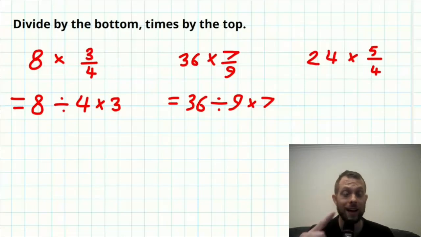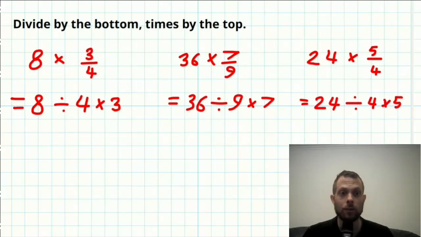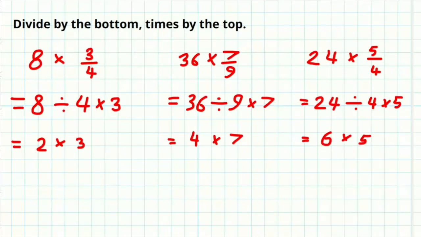Now notice the 5 is on the top. That's 24 divided by 4 times 5. So the answers would be 2 times 3, which would be 6. 4 times 7, 28. And 6 times 5, 30.